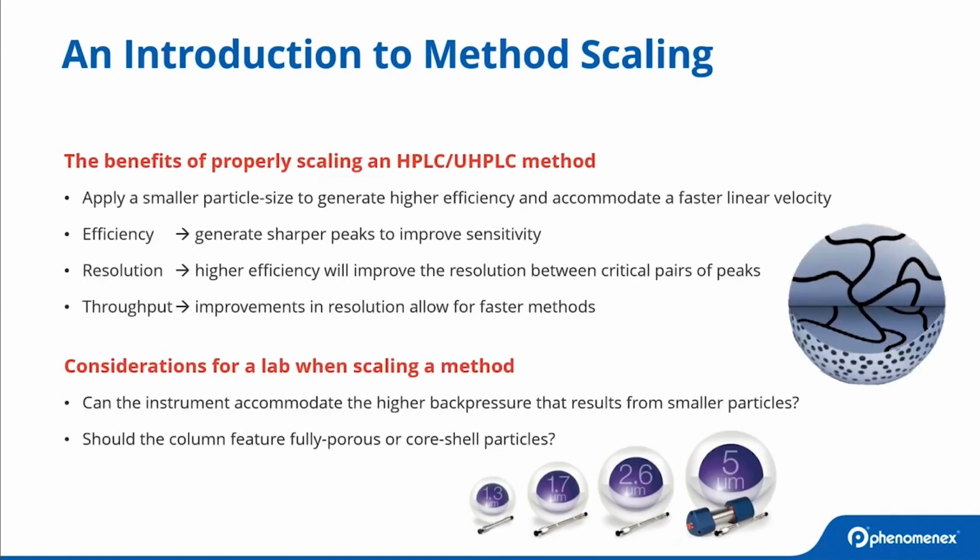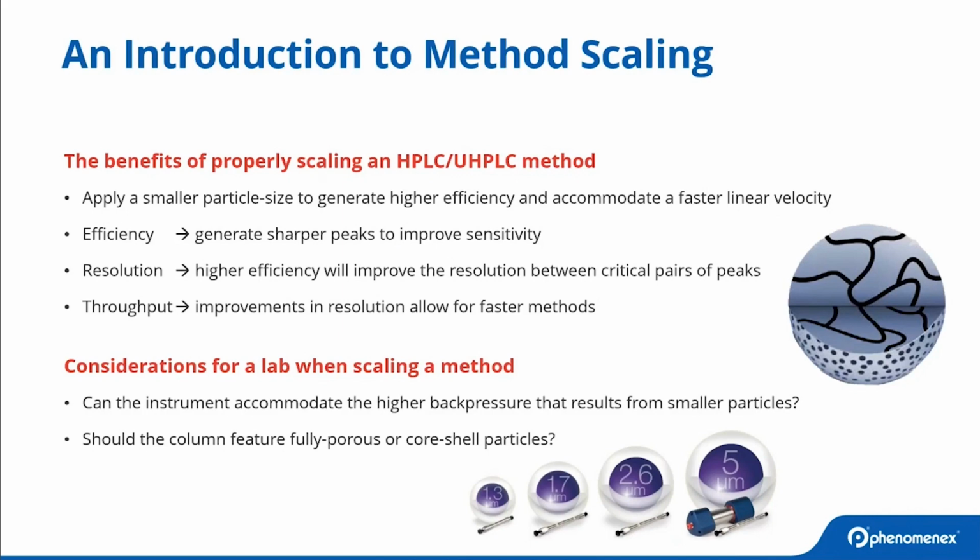So when we talk about the benefits of scaling an HPLC method to UHPLC, we are speaking primarily to improvements towards efficiency, resolution, and throughput. By efficiency, we are specifically talking about generating sharper peaks.